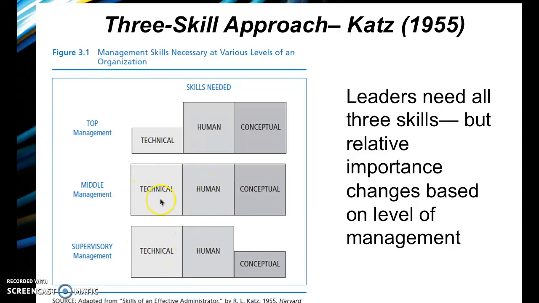Then you have middle management where they're all there, and then top management where these are emphasized even more so than the technical. So this could be debated, and we may have different views on that.